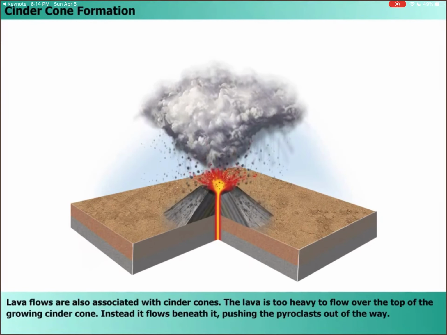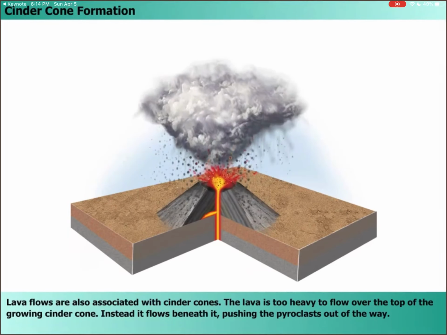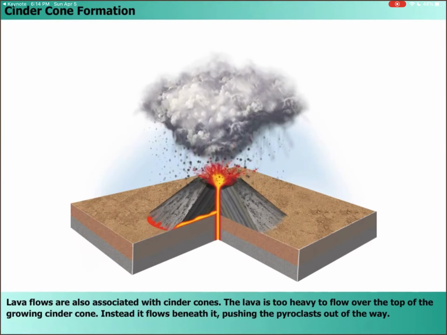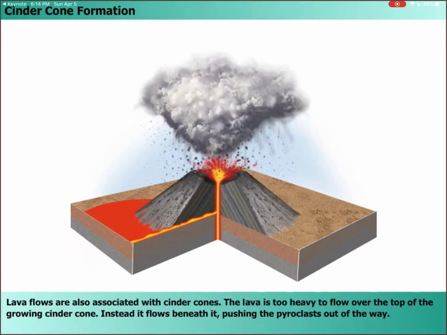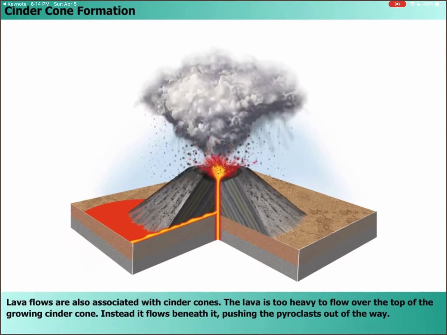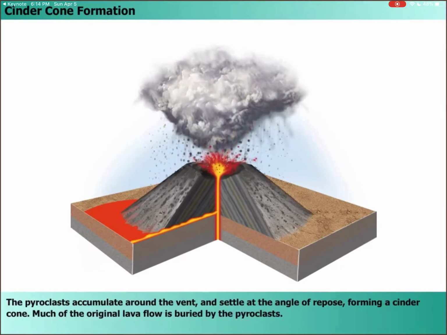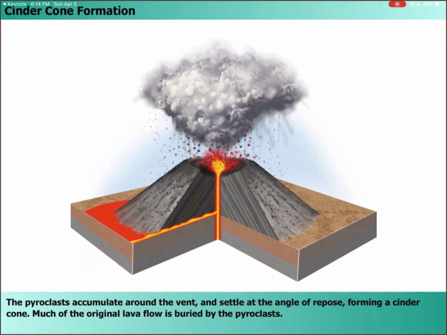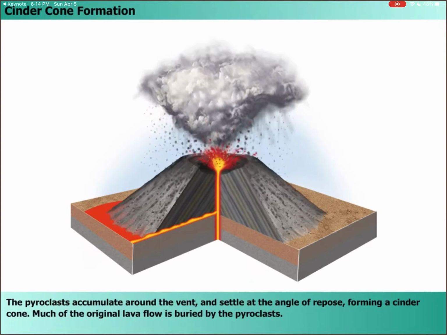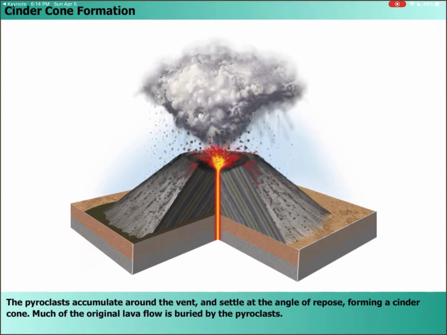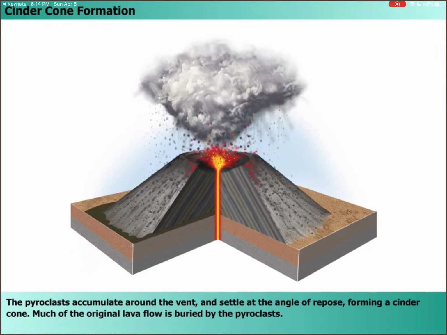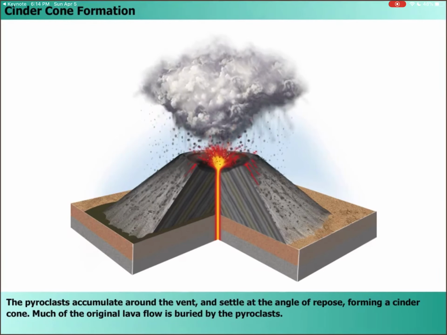Lava flows are also associated with cinder cones. The lava is too heavy to flow over the top of the growing cinder cone. Instead, it flows beneath it, pushing the pyroclasts out of the way. The pyroclasts accumulate around the vent and settle at the angle of repose, forming a cinder cone. Much of the original lava flow is buried by the pyroclasts.